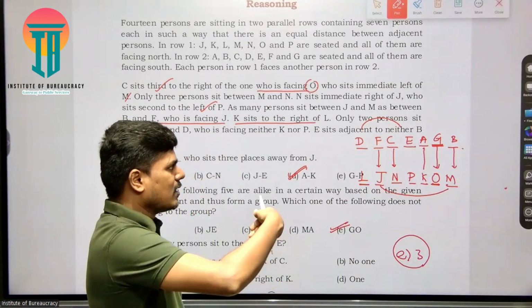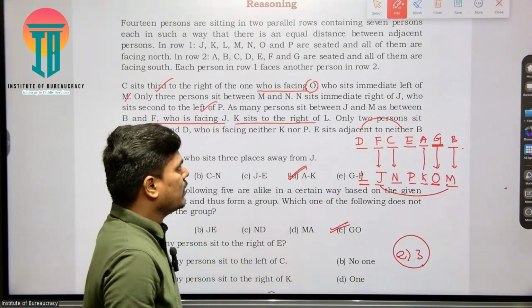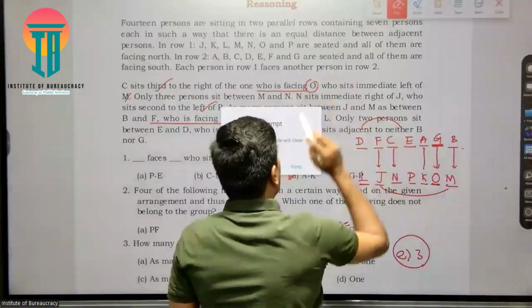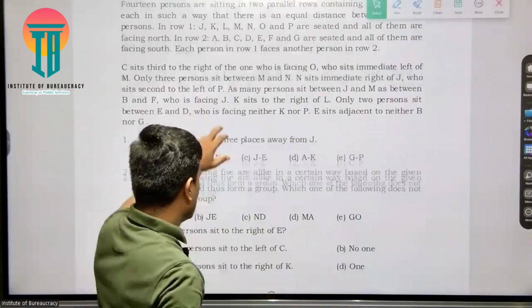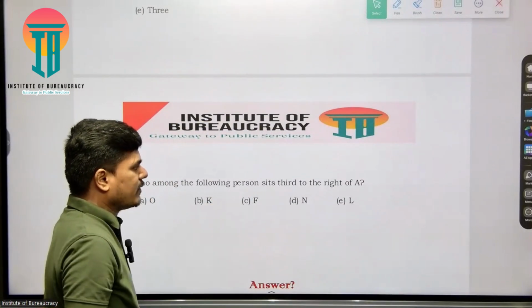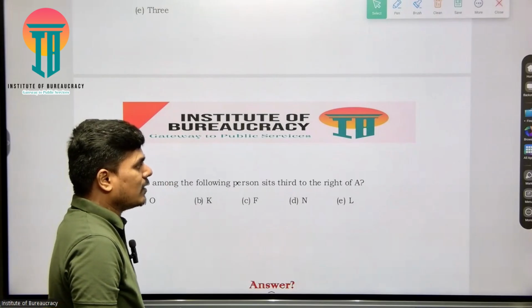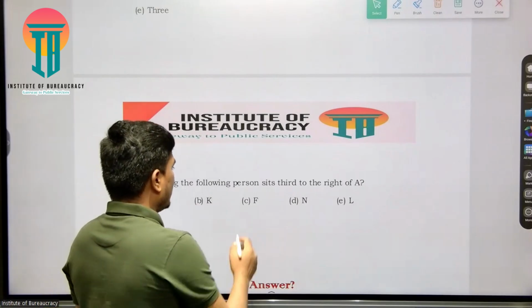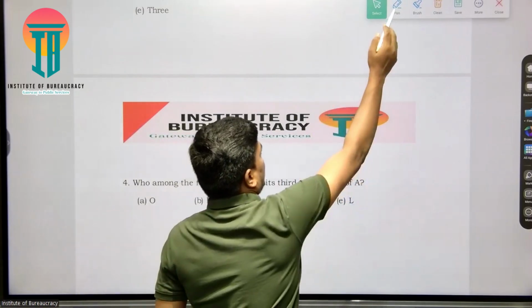The question is: who among the following persons sits third to the right of A? It's going to be F. F is the answer for this question.